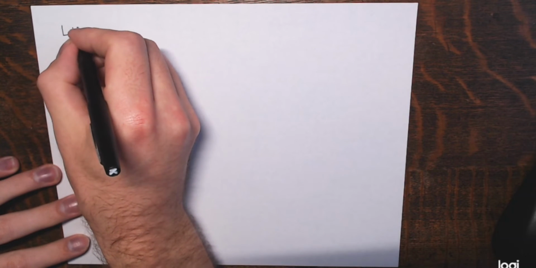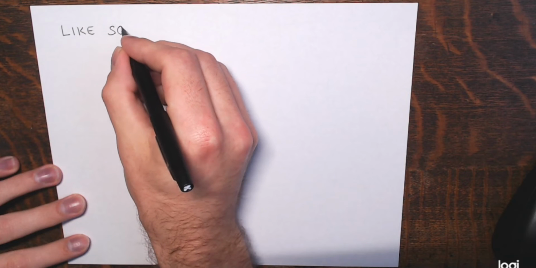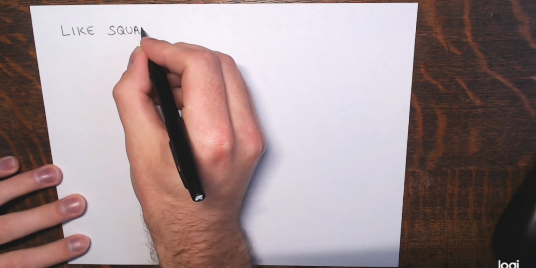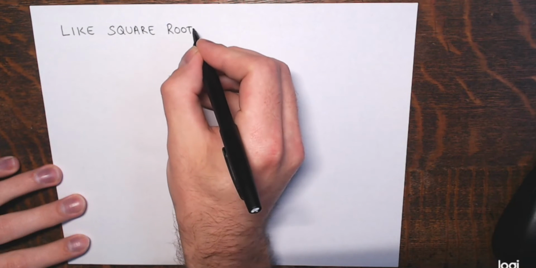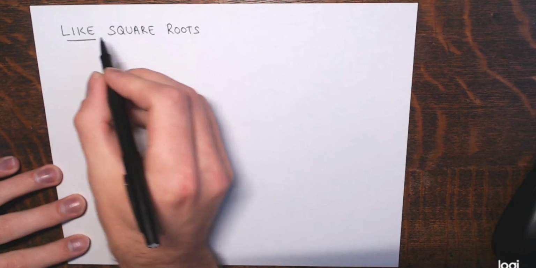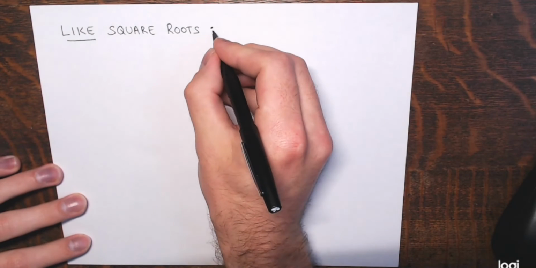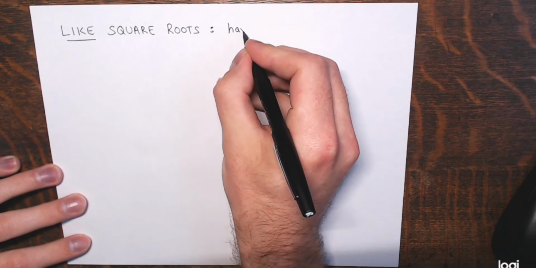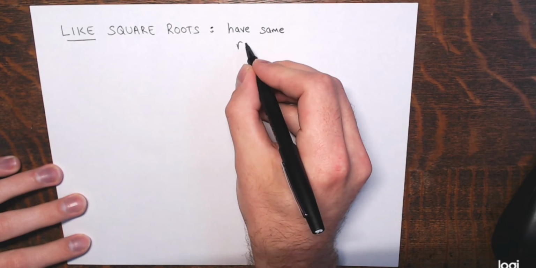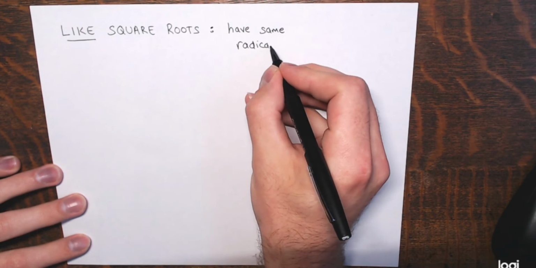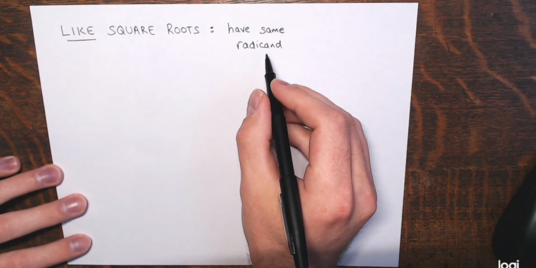So like square roots are square root terms that have the same radicand, and the radicand, remember, was the expression inside the square root symbol.